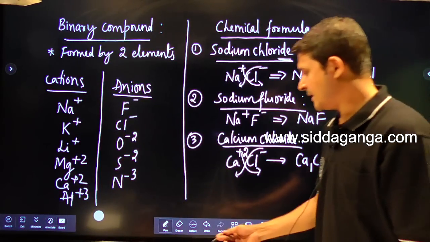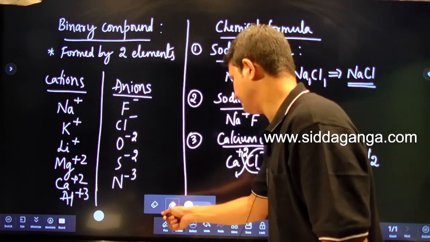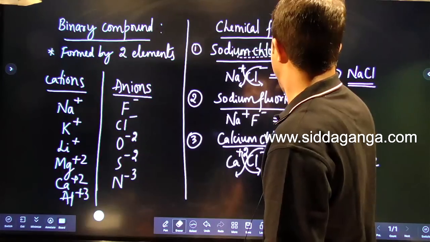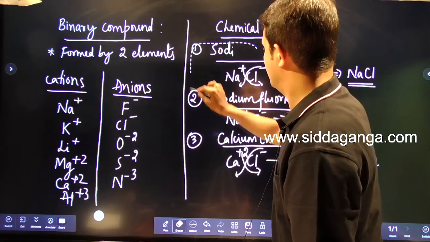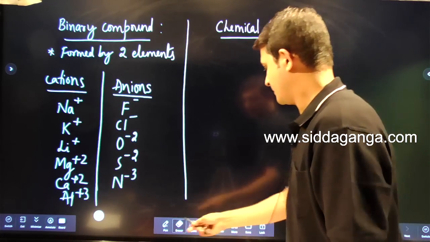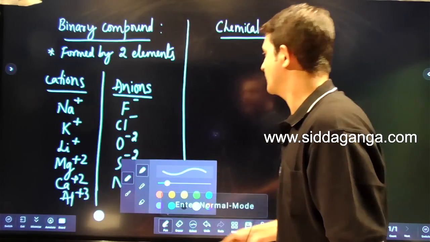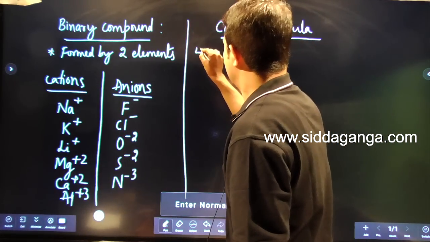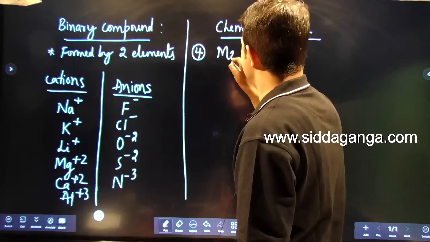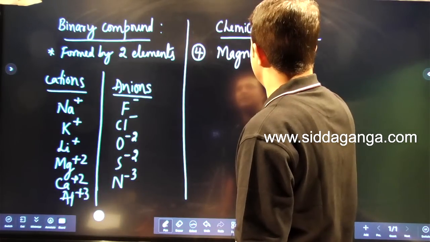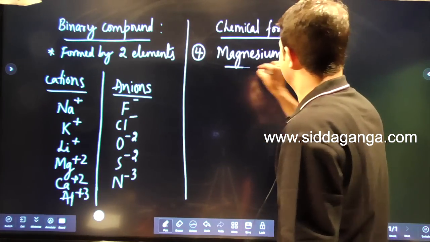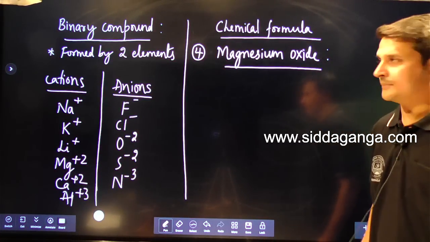Okay, let's take a few more examples. The fourth one, magnesium oxide.